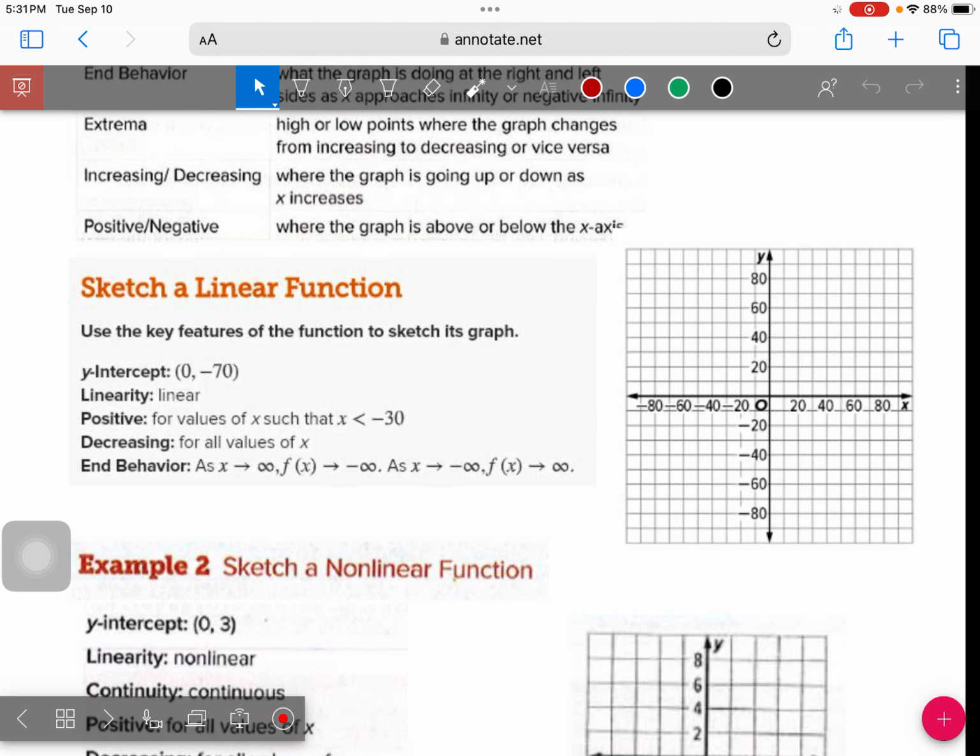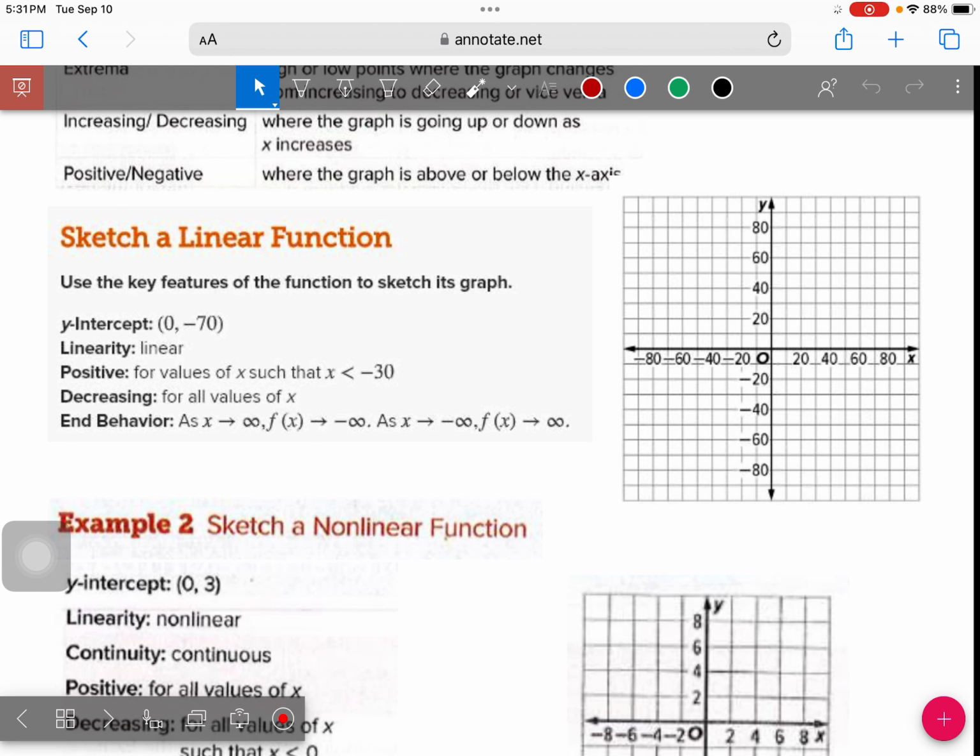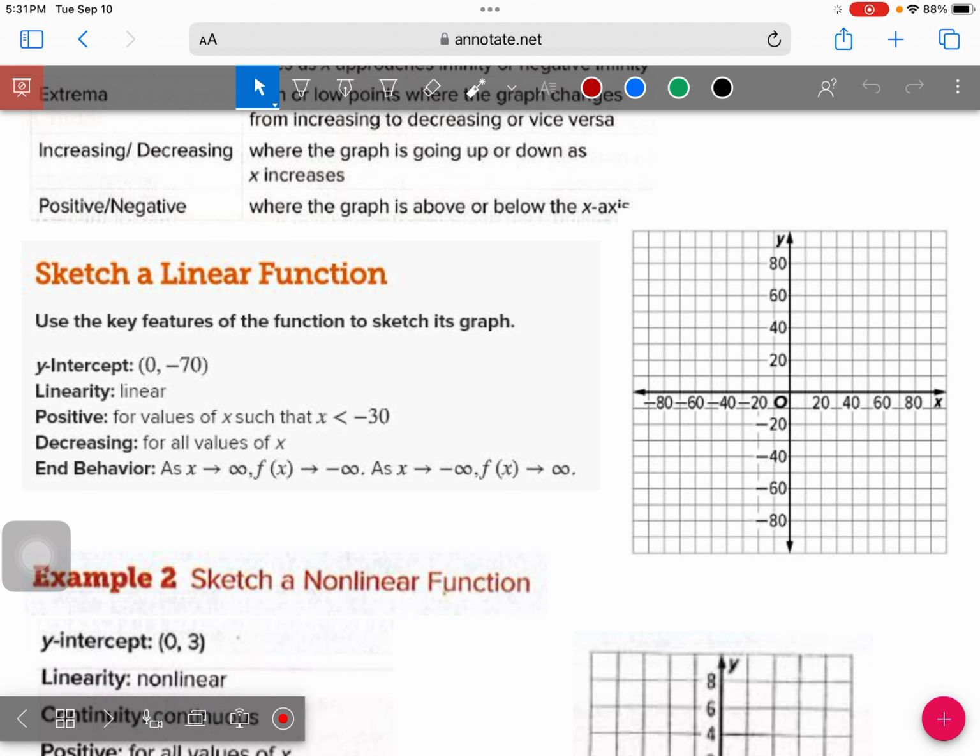Okay, so this says to sketch a linear function. So I have a coordinate plane over to the right, and I am going to sketch this graph based on the features that I am given over here. Okay?